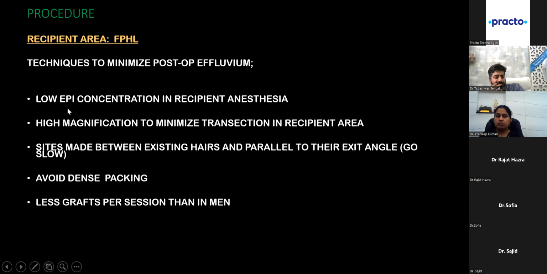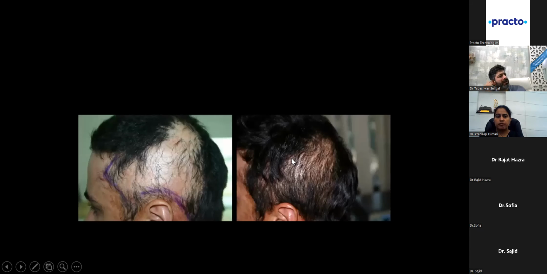Also we have to keep the concentration lower in the recipient area, so that the bleeding, basically the transaction loss, is lesser, or the stress loss is lesser, and higher magnification is usually required, and the existing packing.